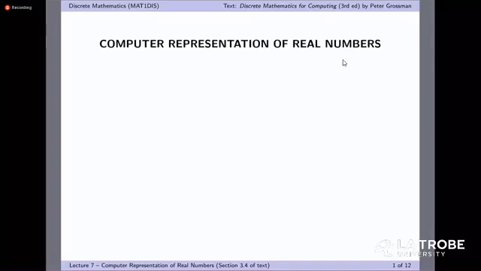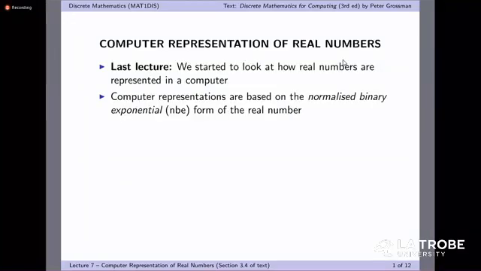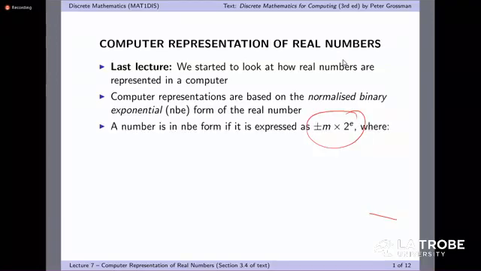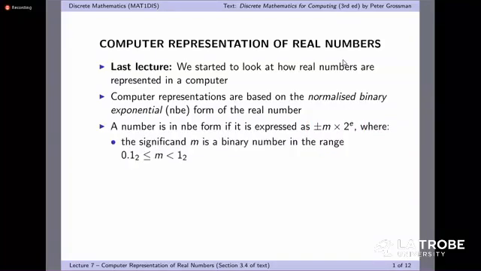This is called normalized binary exponential form, and this is how you write it down. So firstly, whatever real number we get, we convert that into binary form. First step is to convert it and then to store it. Let's go over it.